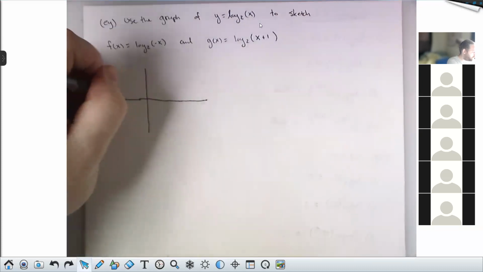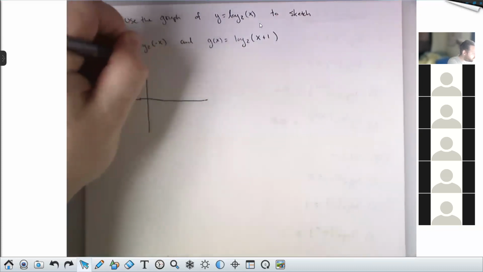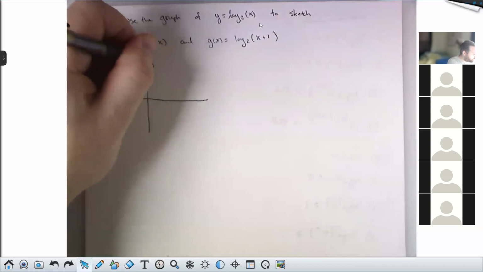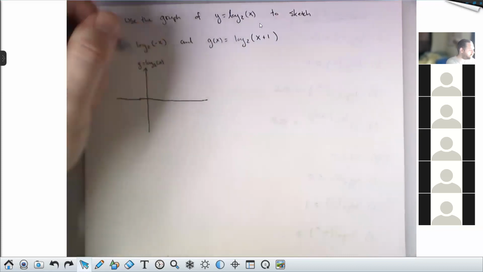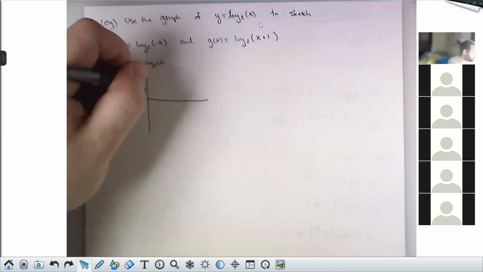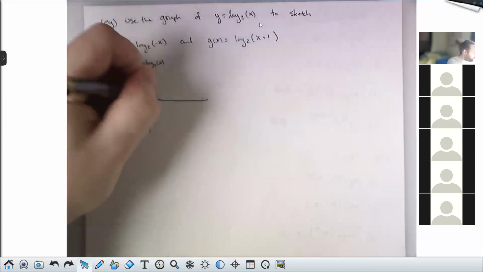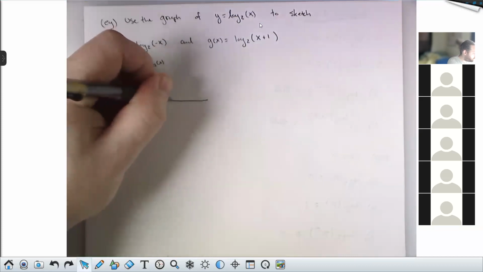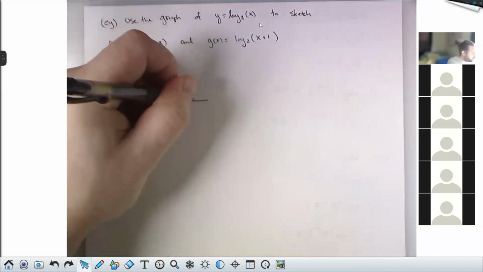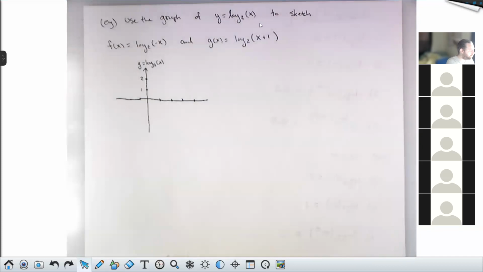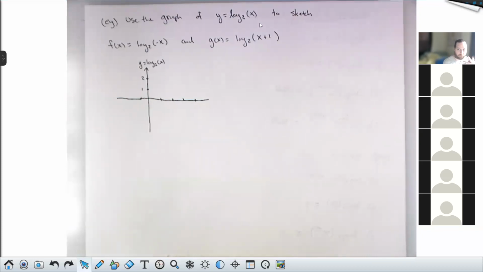We're going to talk about the domain and the range. So this is y equals log sub 2 of x. And I'll mark this here as 1, and this here as 2. And we have 1, 2, 3, 4. Points on the graph of the base 2 logarithm came from points on the graph of 2 to the x, just flipped over.